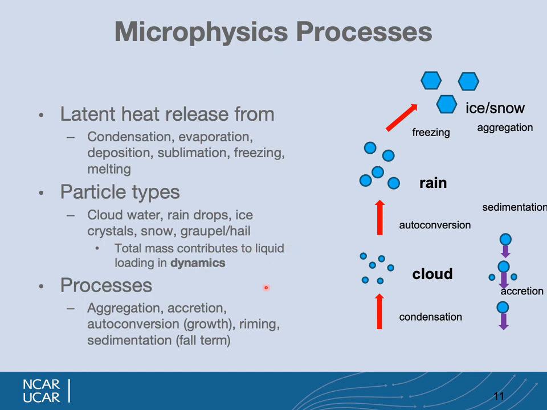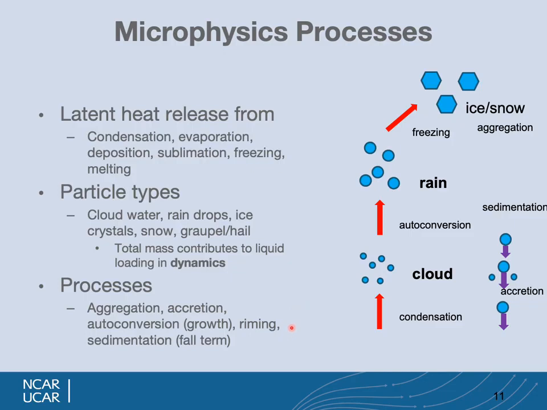The total mass of the microphysics does contribute to the dynamics, so there is a feedback to the dynamics through the liquid loading. The processes we're dealing with are aggregation, for example, from ice crystals to snow, accretion, as rain falls through cloud, it'll accrete some cloud and grow that way. Autoconversion, which is the growth of cloud water to rain droplets as the particles grow in size.